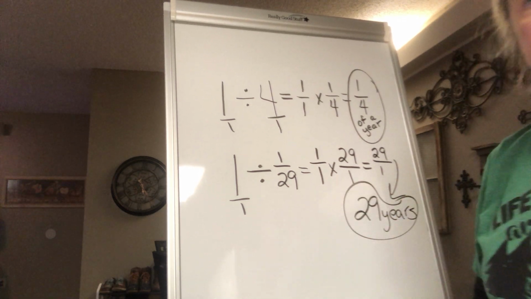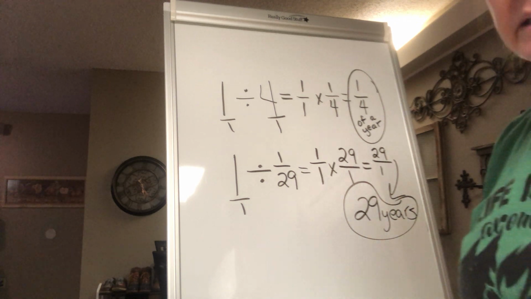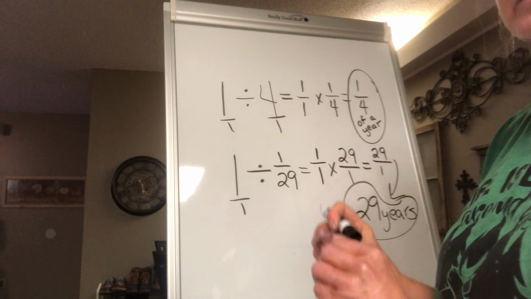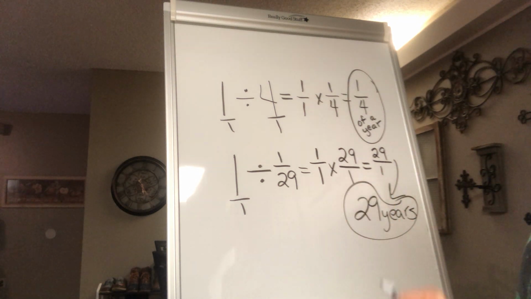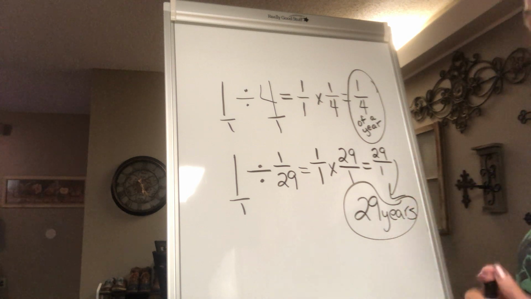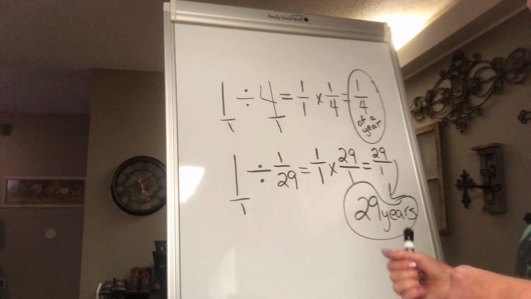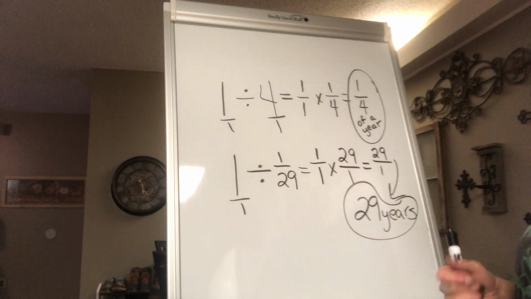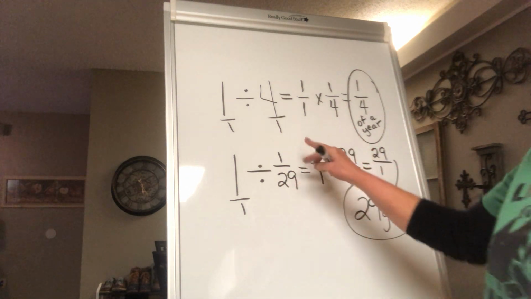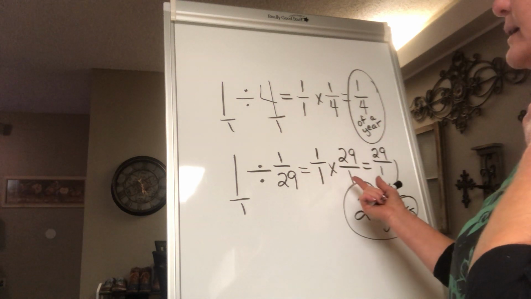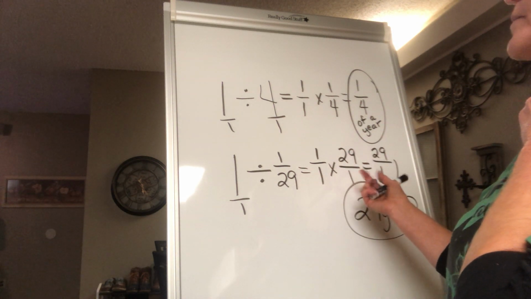That's a reasonable answer. We said that it was going to take them a lot longer than us because they're only barely inching along at that 1/29th. So it makes sense that I come out with a high number. So to relate this all back to each other, we have to remember that dividing by 1/29th is the same as multiplying times 29.